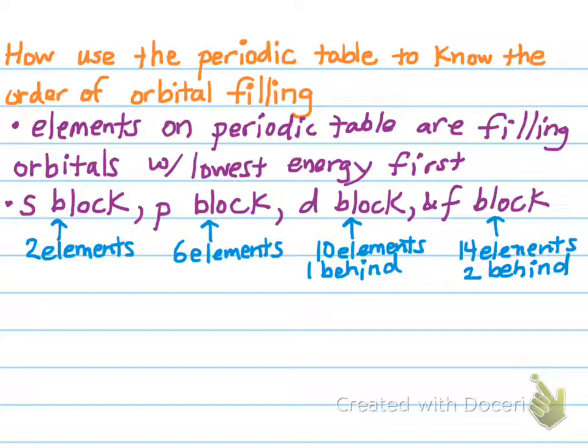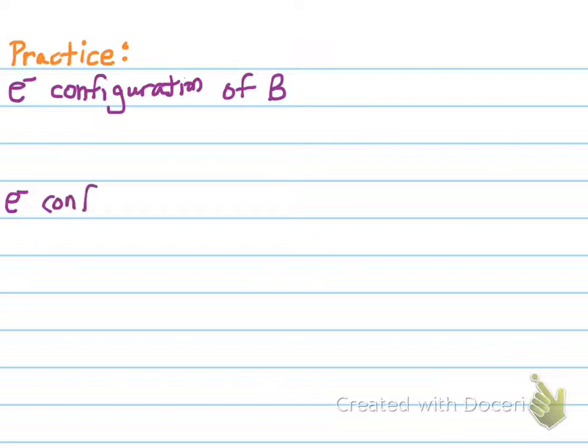So, again, a couple more practices here. Practice. Write the electron configuration of boron. Do the electron configuration of silicon.